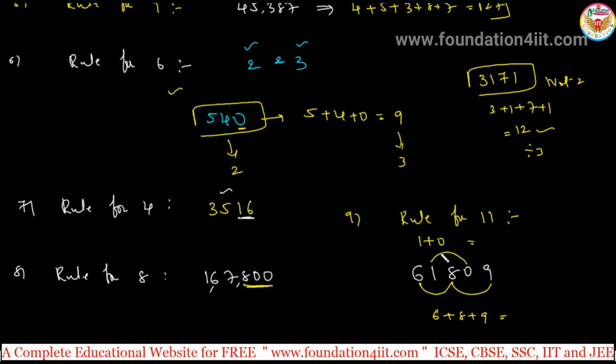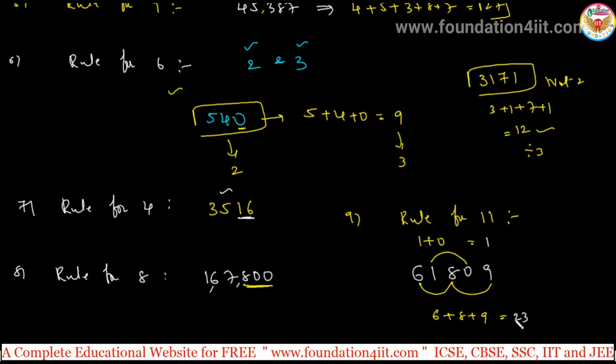So this is 1, and 9 plus 8 is 17, plus 6, so 23. Now the difference between them: 23 minus 1, so 22.